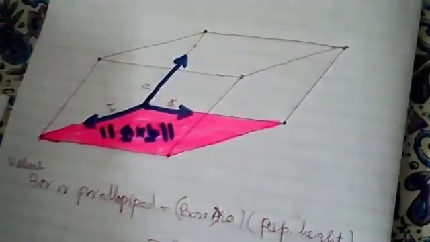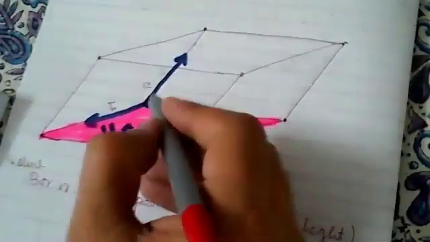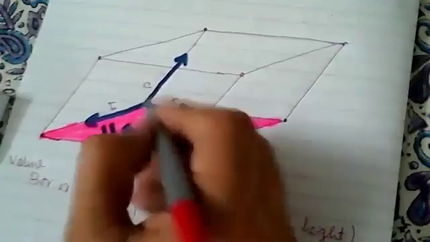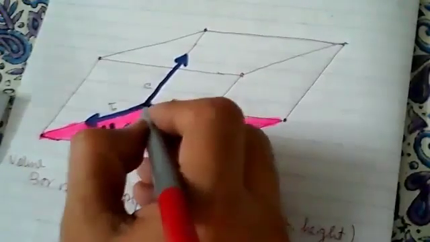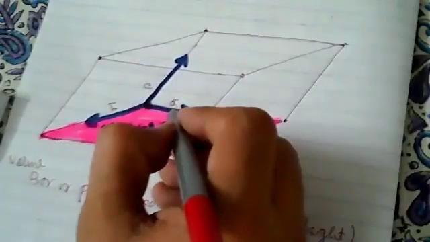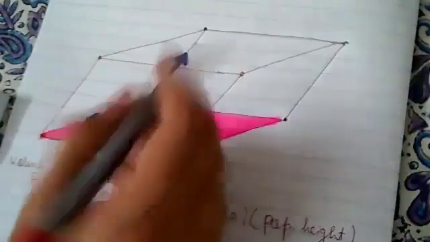See, let's suppose this vector C is bending. Suppose this is making angle theta. This is A, this is B, and their perpendicular direction, A cross B, will be in this direction.